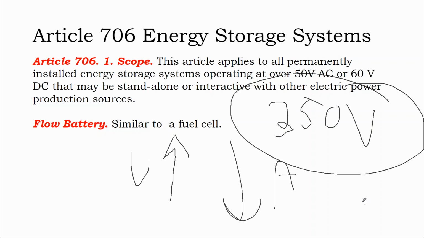Taking what would be a 48 volt battery and making it into a 350 volt battery, that 7 or 8 times increase is going to drop your amperage 7 or 8 times as well. And that means you'll get away with thinner cables in your system, which are easier to manage and less costly.